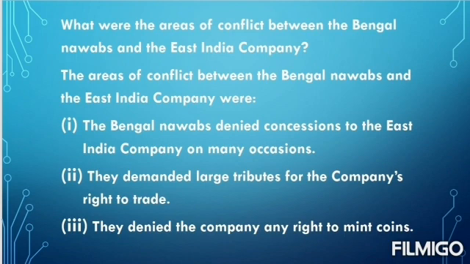Second point is, they demanded large tributes for the company's right to trade. The third one is they denied the company any right to mint coins. So these are the causes for starting the conflict between the Bengal Nawab and the East India Company.